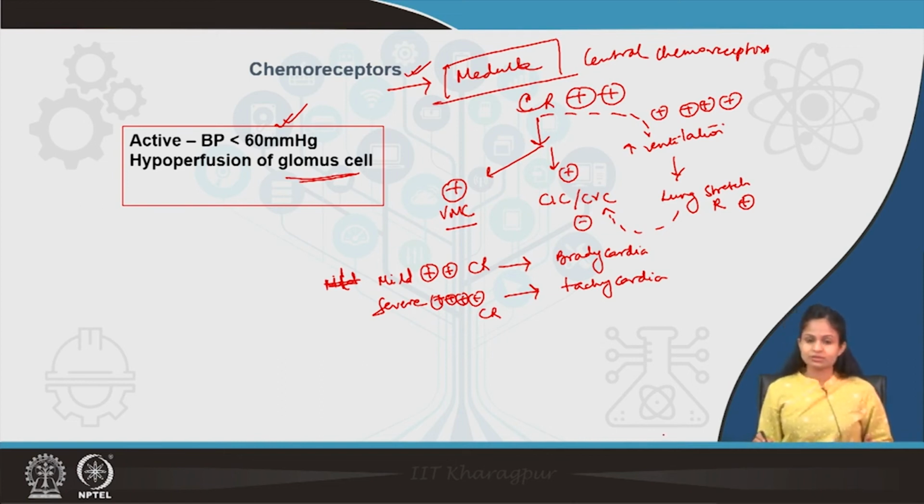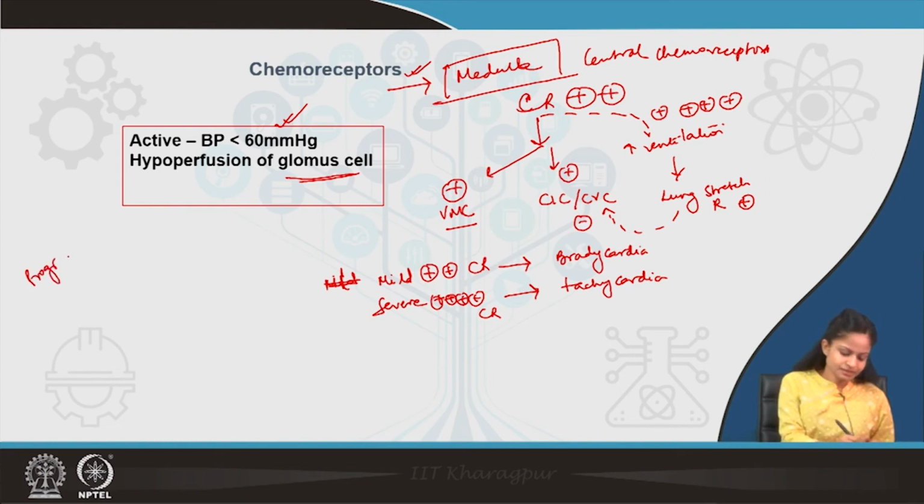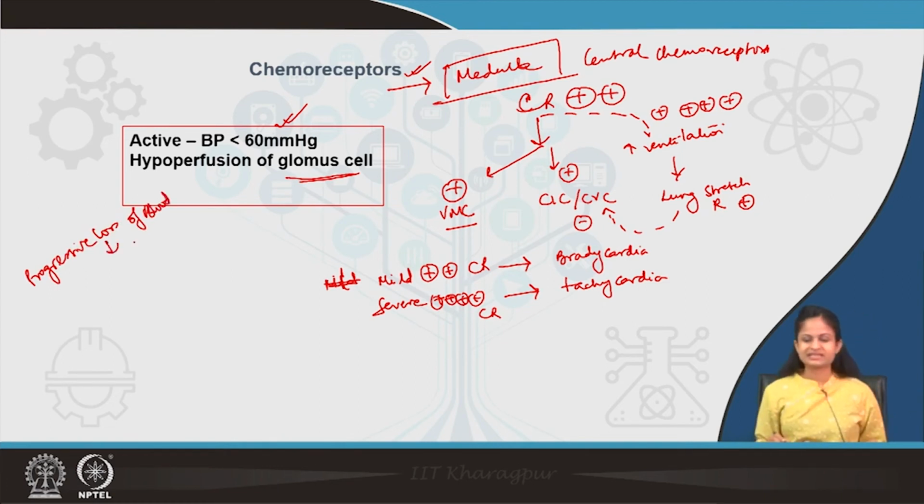The chemoreceptors also play an important role whenever there is progressive loss of blood. Whenever there is a progressive loss of blood, there will be a massive decrease in the blood pressure.